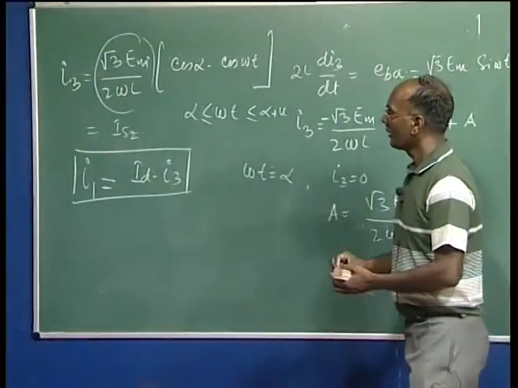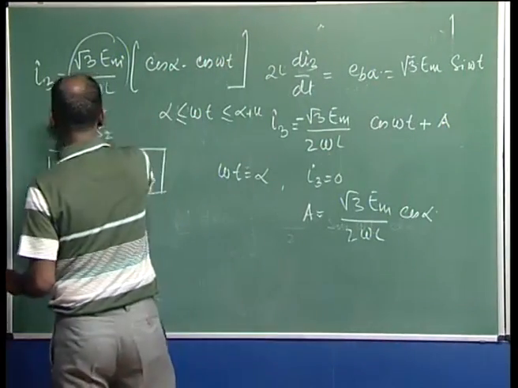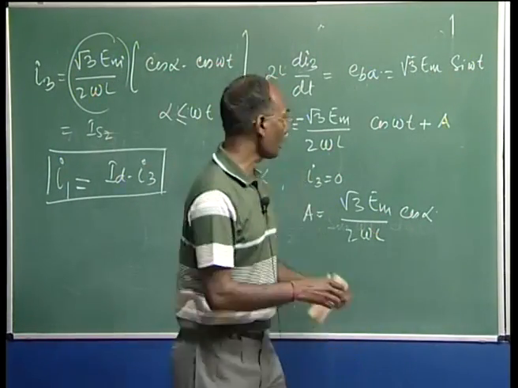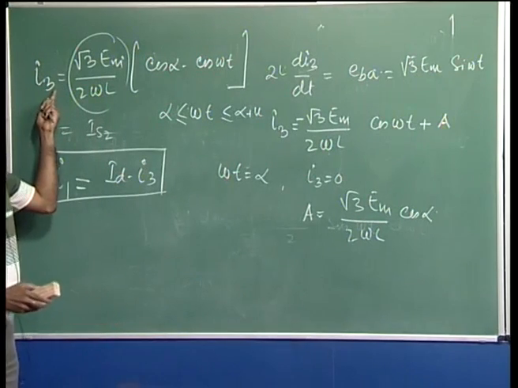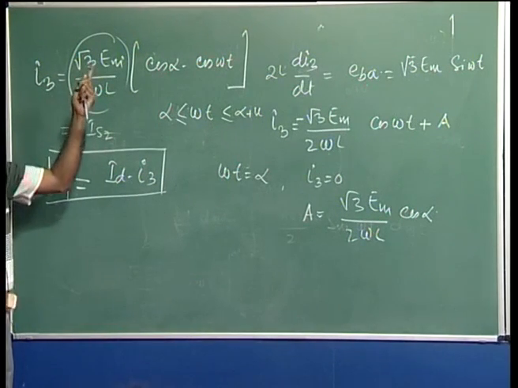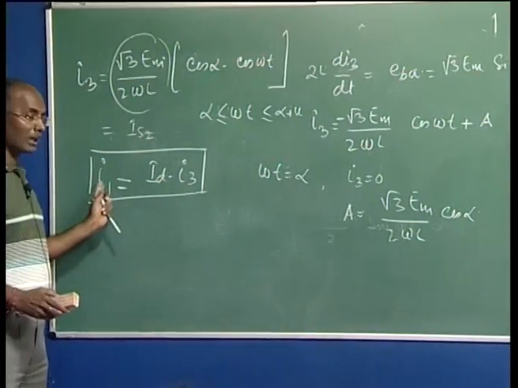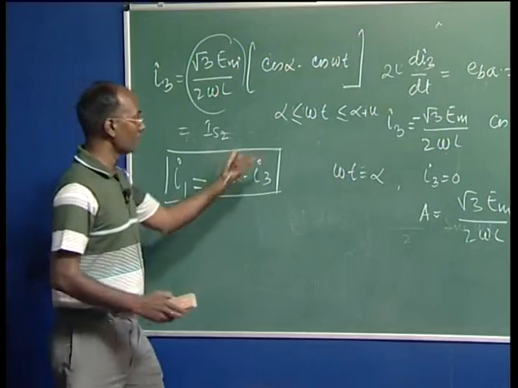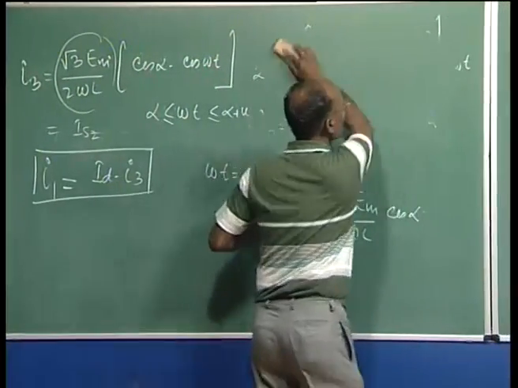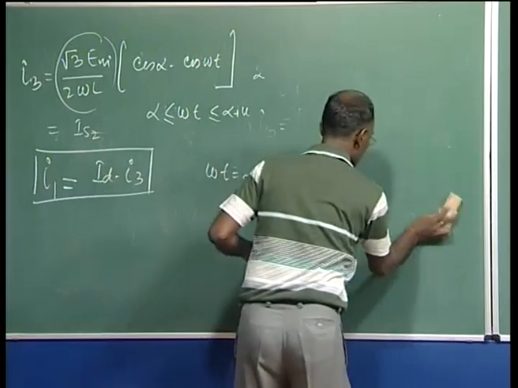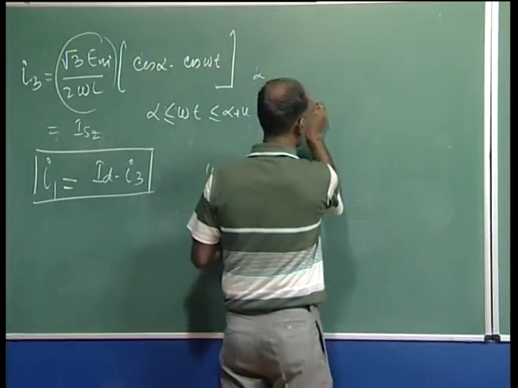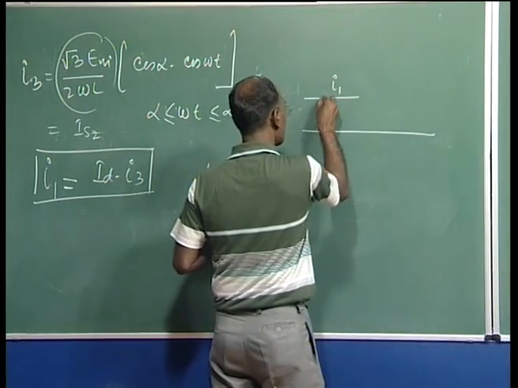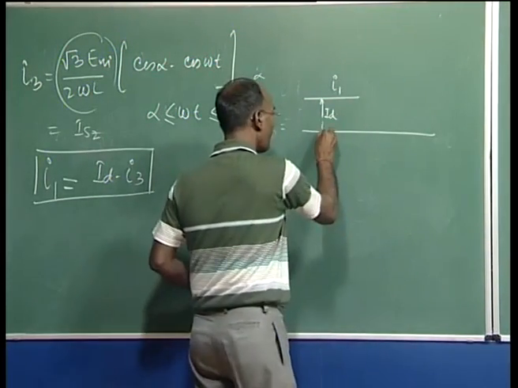Now, let us see how the current is behaving during the commutation period u. No doubt this current is increasing from 0 value to ID, and this current I1 is decreasing from ID to 0. So, in this interval we are going to have a characteristic like this. This was your I1, and this magnitude was your ID.